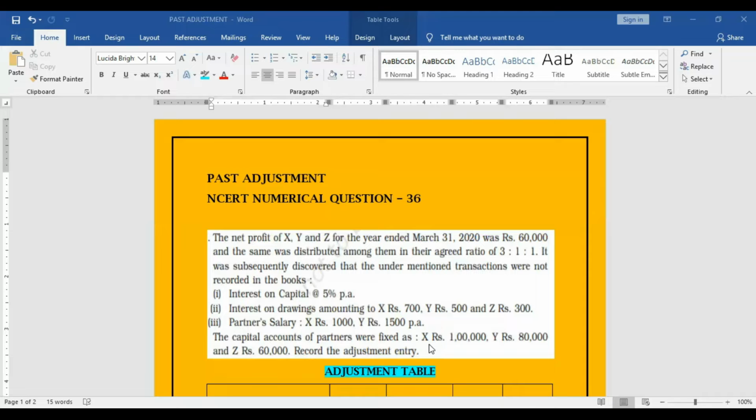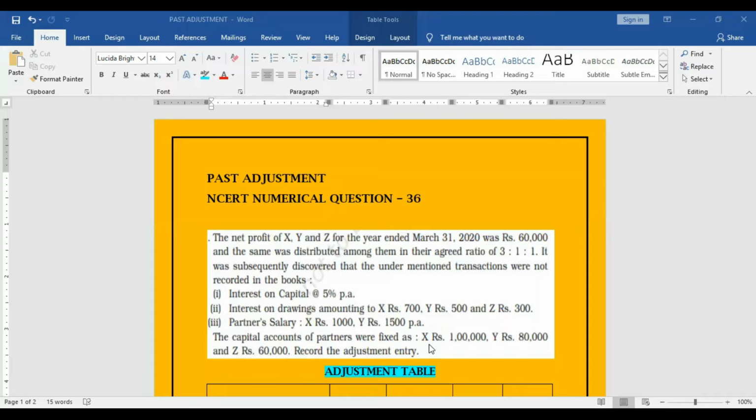Interest on capital is a credit item for partner capital. Partner salary is also a credit item for partner capital. Interest on drawing is a debit item for partner capital account. So there are two credit items, and one item, interest on drawing, a debit item with respect to partner capital, was omitted.